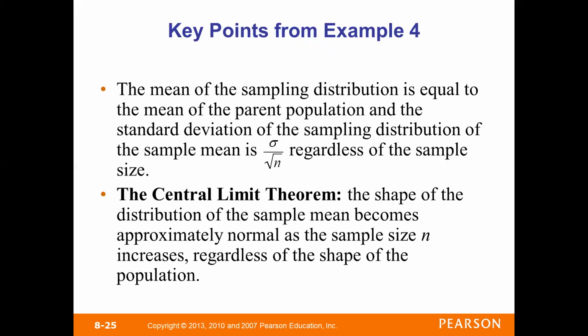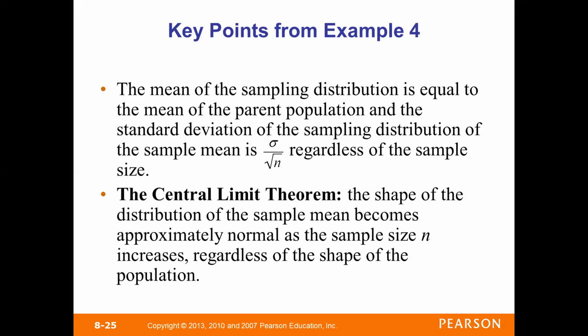And so what we end up with from this example is an illustration that shows us it doesn't matter what the underlying distribution looks like. If I take a large enough sample, the sampling distribution will always have a shape that is approximately normal. And it will still have the same characteristics that we had before.